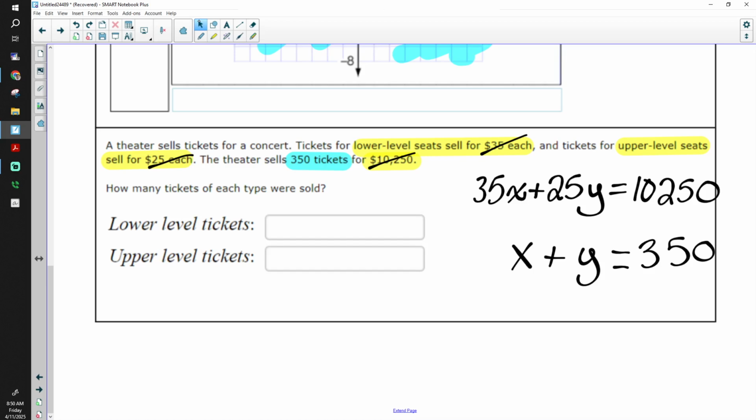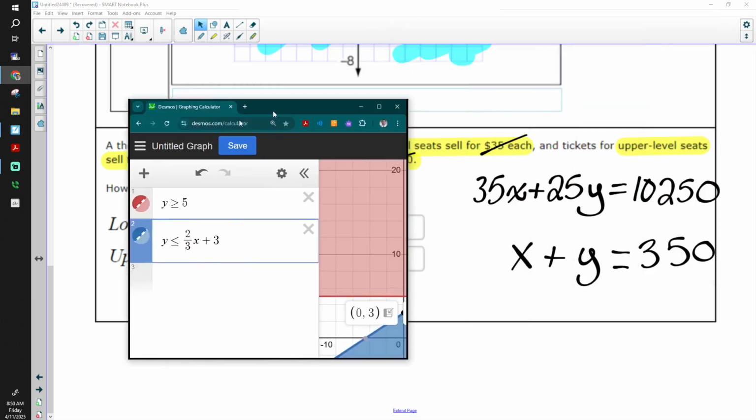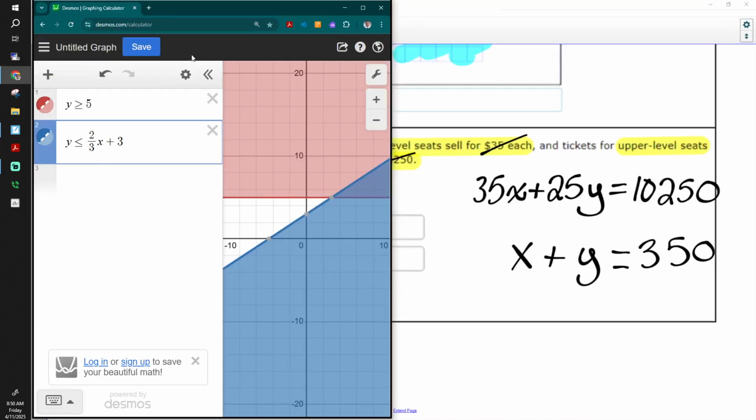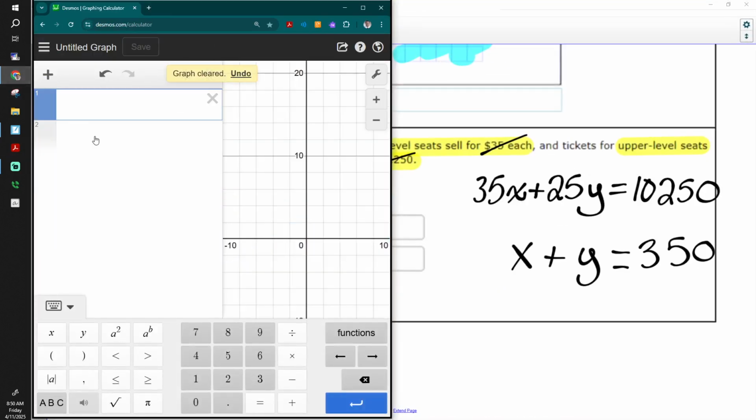Okay, so now we're going to type these into Desmos. Let's pull open our Desmos. We'll move it over to the other side. And let's type in our two equations. 35x plus 25y equals 10,250, and x plus y equals 350.